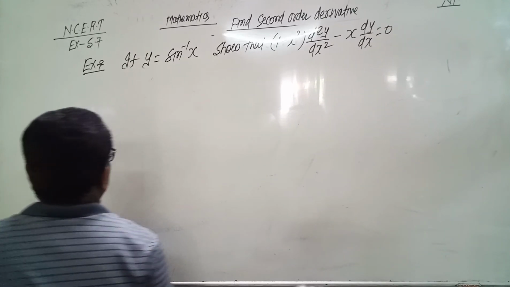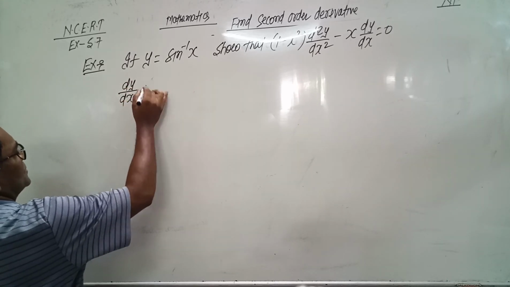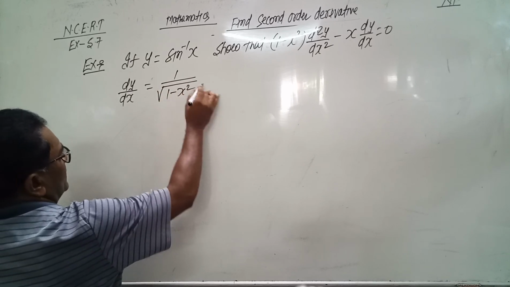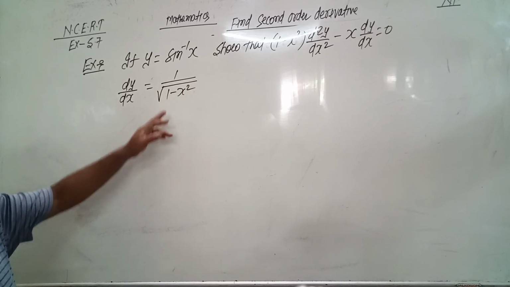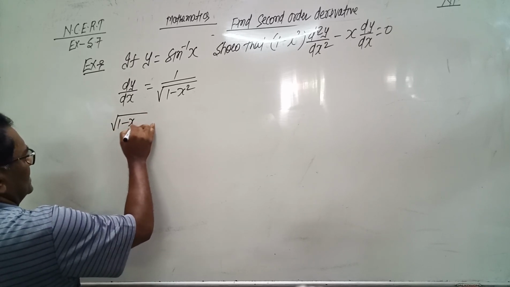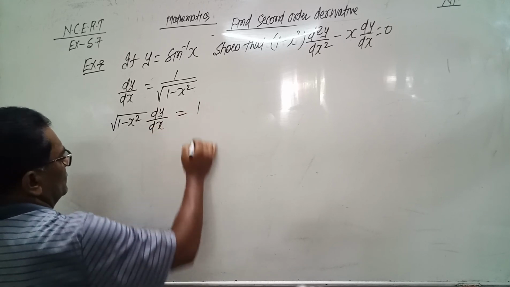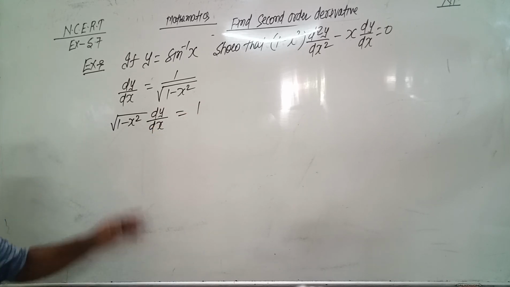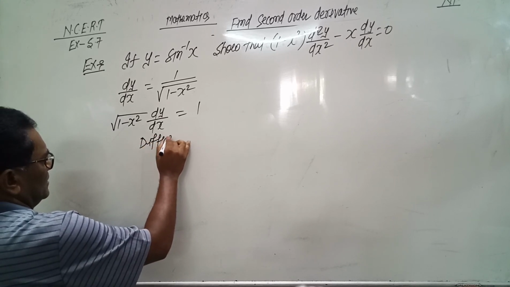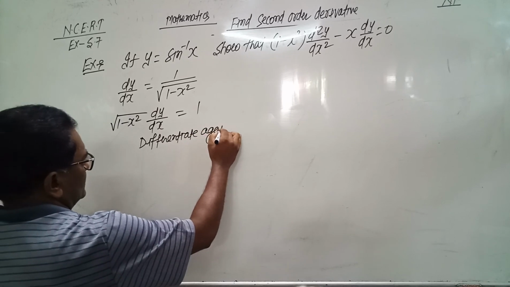So we will differentiate y, dy by dx, and differentiation of sine inverse x is 1 by root 1 minus x square. Now do cross multiplication. So root 1 minus x square into dy by dx is equal to 1. Now differentiate again with respect to x.